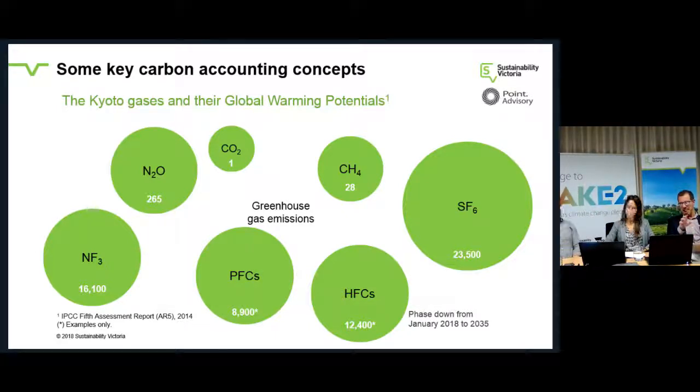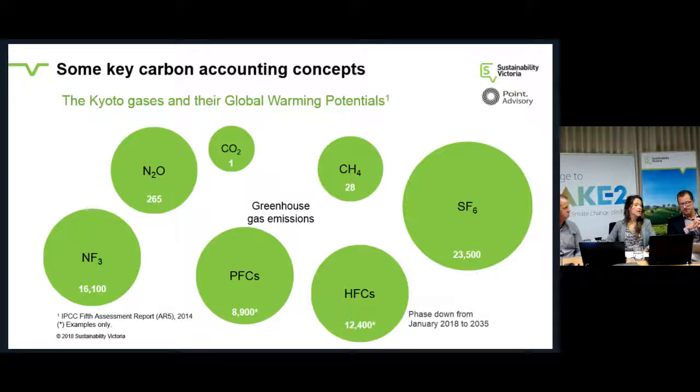Yep. And maybe people who aren't familiar with carbon accounting might be looking at that and getting a bit intimidated. But from a local government perspective, which of those gases are we likely to have to deal with most commonly? Well, most commonly will be carbon dioxide. You will have methane from your landfill, mostly. There won't be that much nitrous oxide, I would say.